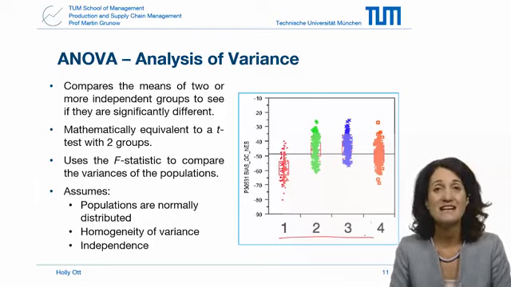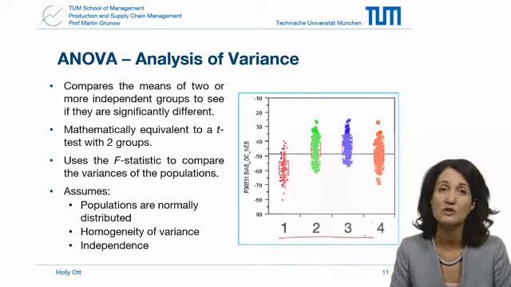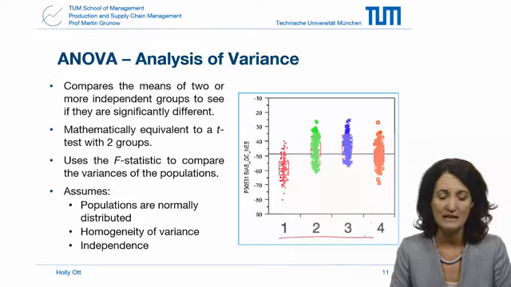So it's an extension of the t-test. And actually, an ANOVA with just 2 groups is mathematically equivalent to a t-test. And for the ANOVA, we're going to use a new statistic. This is called the F statistic. And the F statistic is used to compare the variance of the populations.